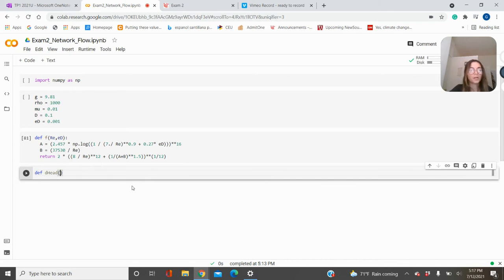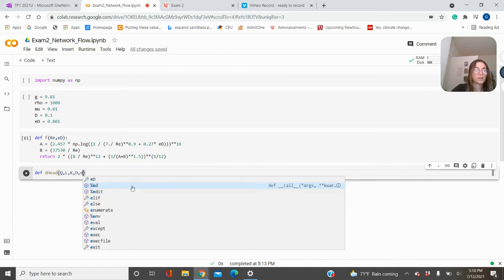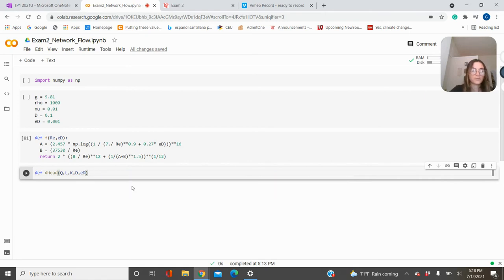Some values we want to find with this function are our flow rate, our length, our K value, we know our diameter, and we know our roughness factor.